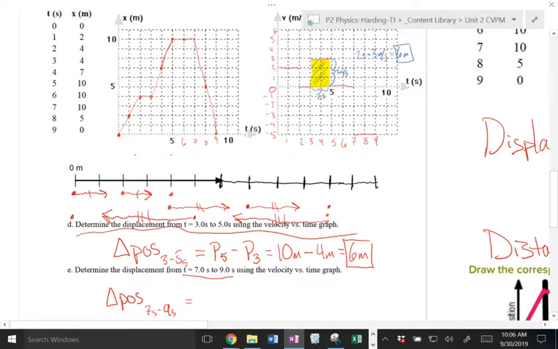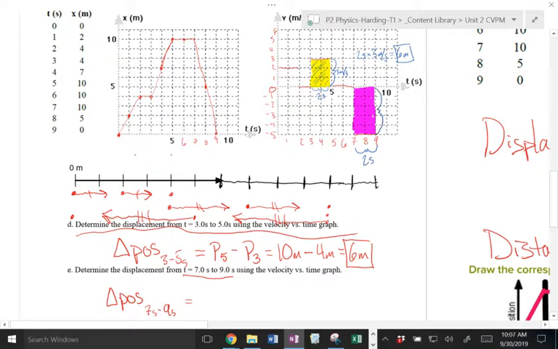So from the velocity versus time graph, again, the idea is between the graph and the axis. Now I want to find the area of that rectangle. So again, from 7 to 9, that's 2 seconds.